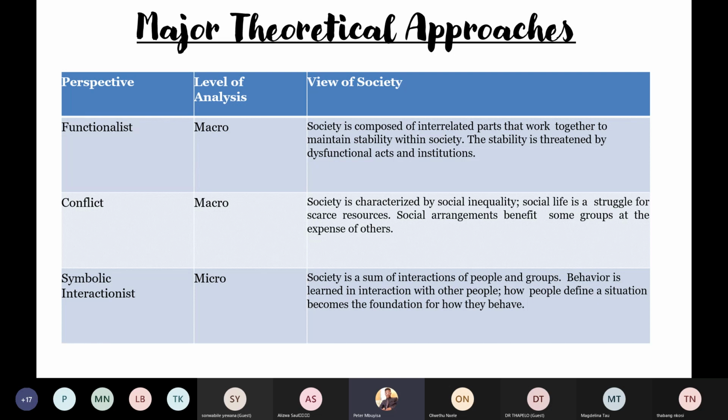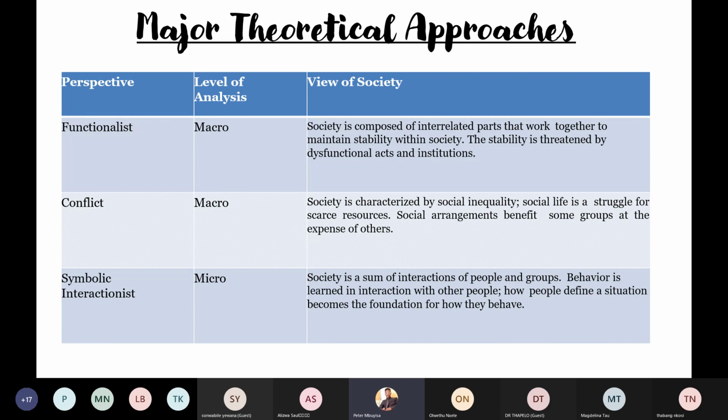We say this one is also an example of a macro perspective, because it looks at broader society, and it's of the view that society is characterized by social inequality, and that's something that we really know, that in society we will always have some sort of inequality. These inequalities can be used to try and understand how society is structured, and for us to better understand how people interact with each other.